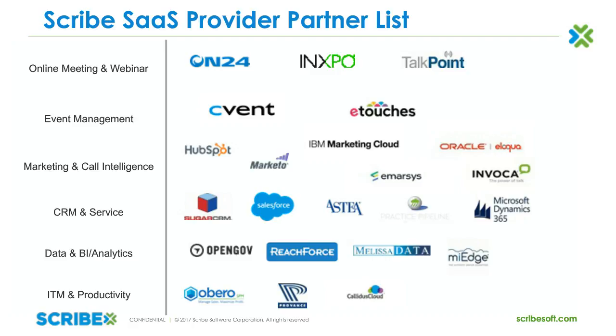What I mean by that is they offer integration between their product and some other application, maybe CRM or marketing, and they package that. They may charge for it, they may offer it free of charge, but it's completely packaged, and their customer may or may not even know that Scribe is in the mix.